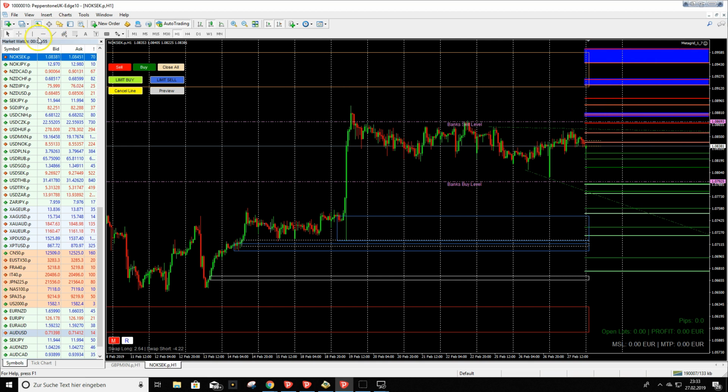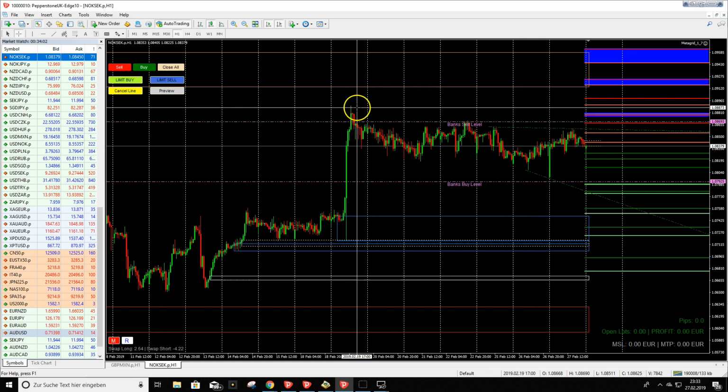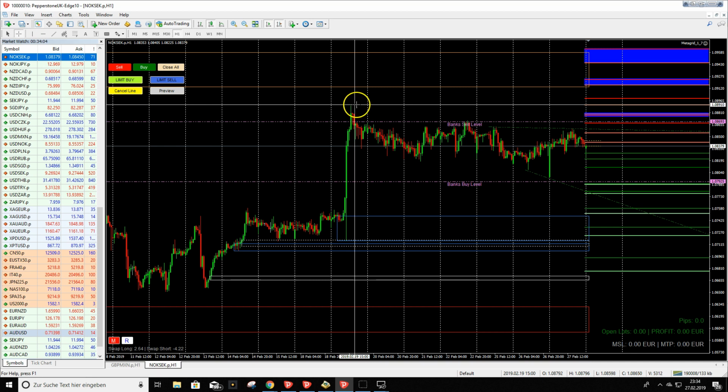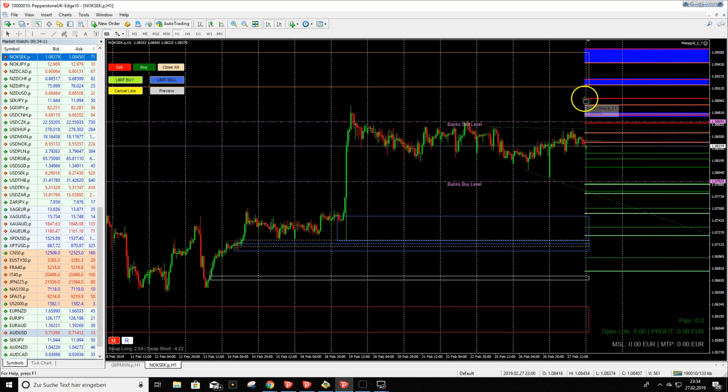This area, of course, is interesting too, because we come over this last market structure high, and if there are stop losses placed here, of course reactions can come too, so we can mark this as a price action zone. So we have a lot of price action zones we can watch, and I would say the farther away it is for the moment, the stronger the zone gets.